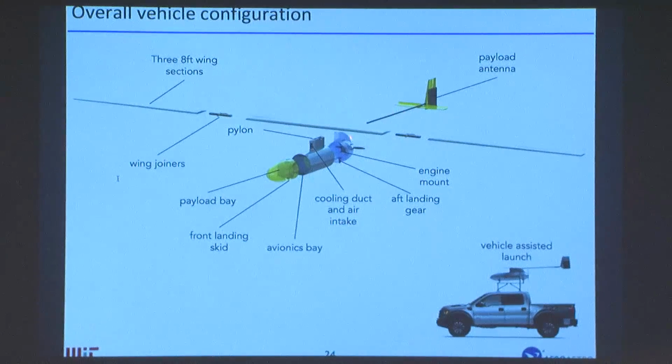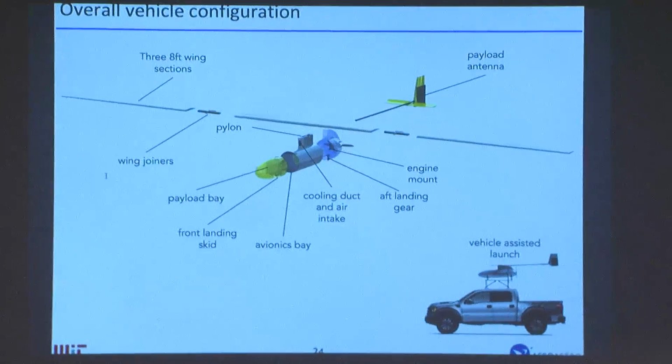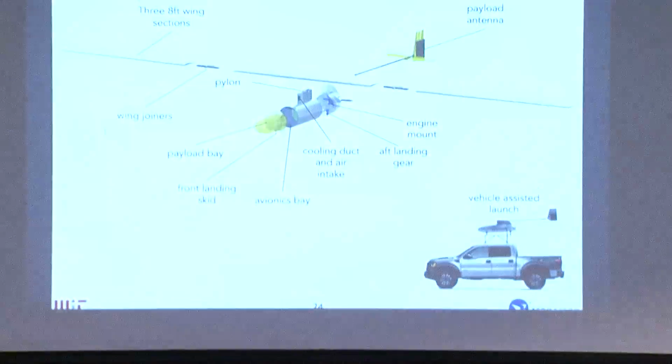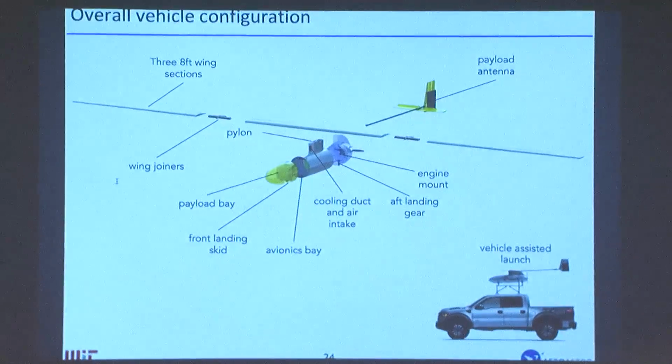And then in the back is this carbon fiber tail boom with a horizontal and vertical stabilizer. The whole thing's made out of carbon fiber, which is a really lightweight and stiff material. You'll notice the payload bay and the tail are yellow, and that represents Kevlar. So those are made out of Kevlar instead of carbon fiber.